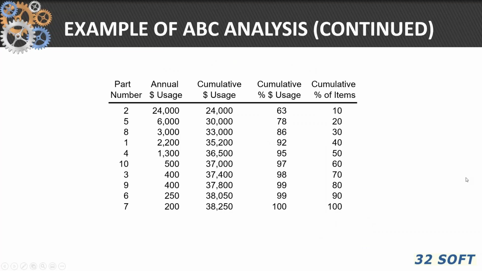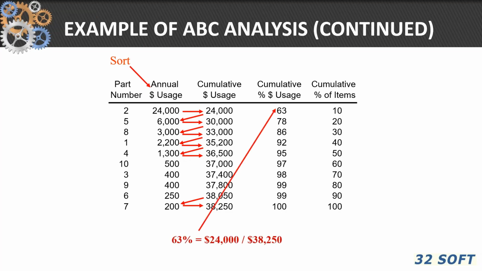The analysis then is we calculate the cumulative dollar usage in descending value, and then we can calculate the cumulative percentage usage. So you see the first part is 24,000, accounts for 63% of my total population, a classic example of the ABC analysis.